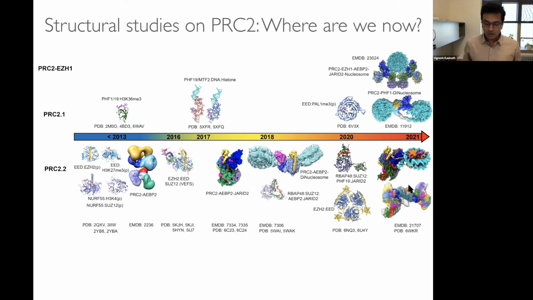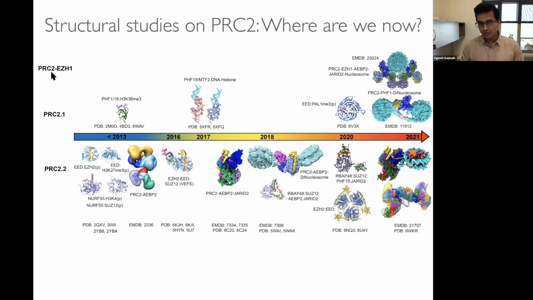And this theme has also been seen similarly for the case of PRC2 EZH1, which I think came out earlier this year as well, where they found that, based on my understanding, each H3 tail is now interacting with a specific PRC2 EZH1 molecule. But the distinction is that in our case, the two PRC2s are actually not interacting with each other, whereas in the PRC2 EZH1 case, a domain swap dimer forms.